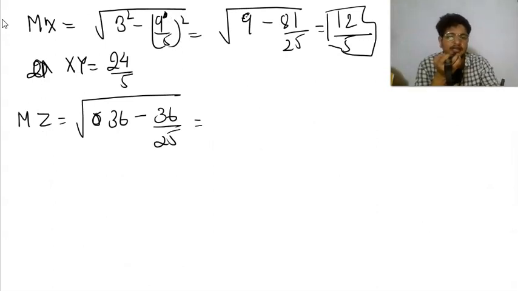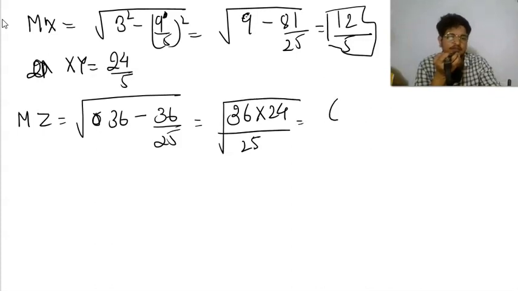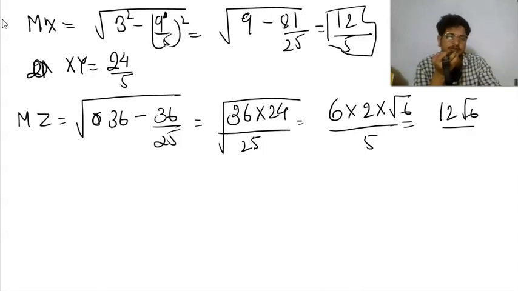If we take 36 common, we get 36 into 24 by 25, root over this one, which can be written as 6 into 2 into root 6 by 5, which gives 12 root 6 by 5.